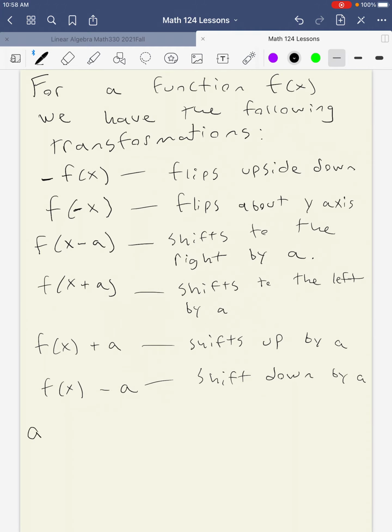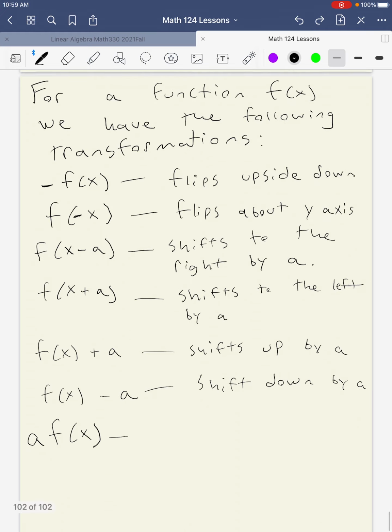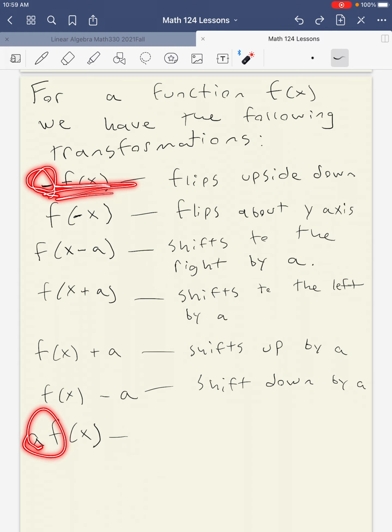And the last thing we could do is multiply a number to the outside of the function. There's two cases here. Let's first assume this number a is positive, because if it's negative, then we're overlapping with this case here. We already know what happens when a negative is out front. It flips upside down.